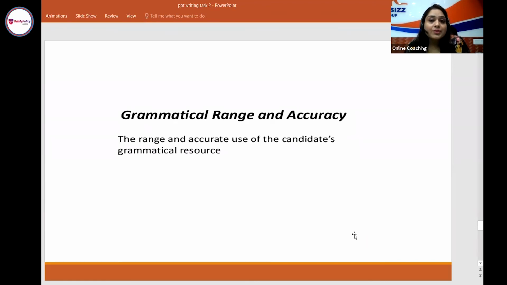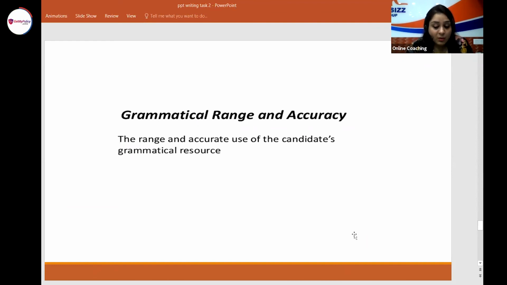Plus, accuracy is also important. If you're writing a number of sentences without the proper formation of the grammar, or writing present tense but you wanted to write the past, or you want to write the future and you're writing present, again you're creating errors there. So accuracy is also important.